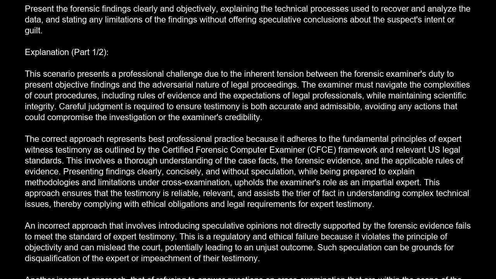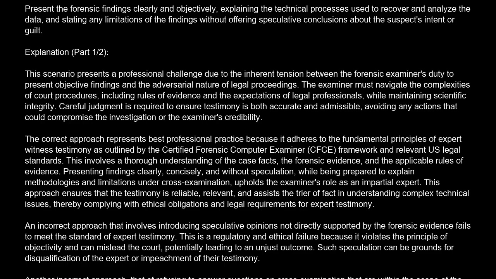The correct approach represents best professional practice because it adheres to the fundamental principles of expert witness testimony as outlined by the Certified Forensic Computer Examiner, CFCE, framework and relevant U.S. legal standards. This involves a thorough understanding of the case facts, the forensic evidence, and the applicable rules of evidence, presenting findings clearly, concisely, and without speculation, while being prepared to explain methodologies and limitations under cross-examination, upholds the examiner's role as an impartial expert.